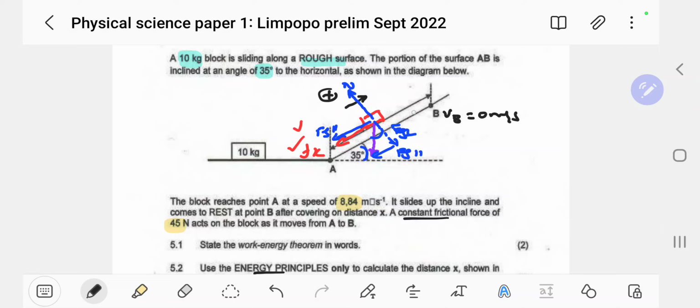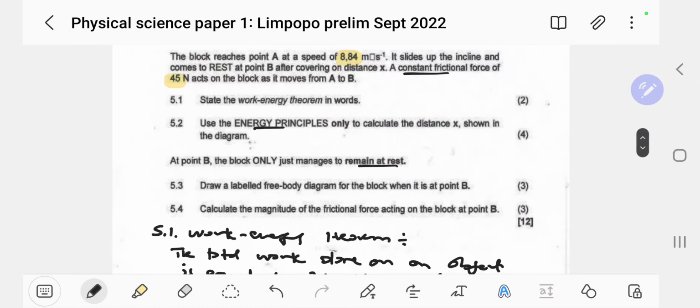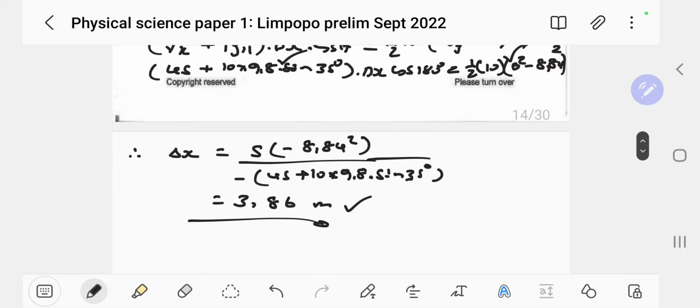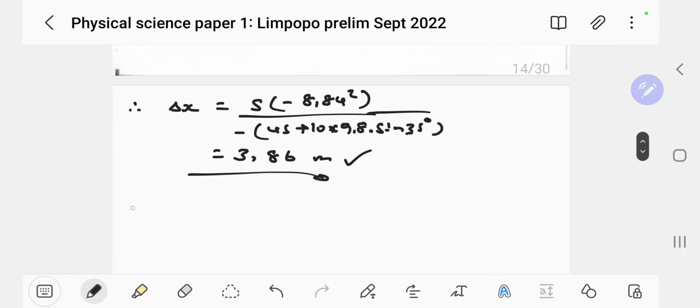So if this stops, it means the Fg parallel is exactly equal to our frictional force, because this time friction is going to act against Fg parallel when it stops at point B. So we are told to draw a labeled free body diagram when it is at point B. That was 5.3.